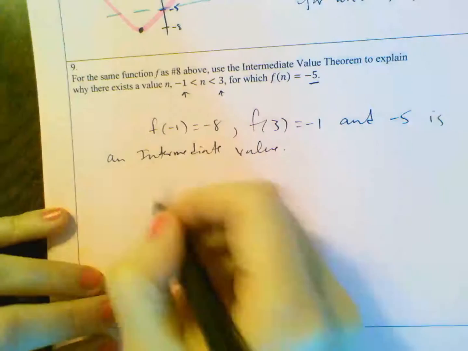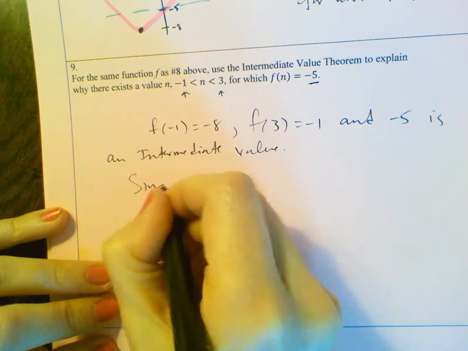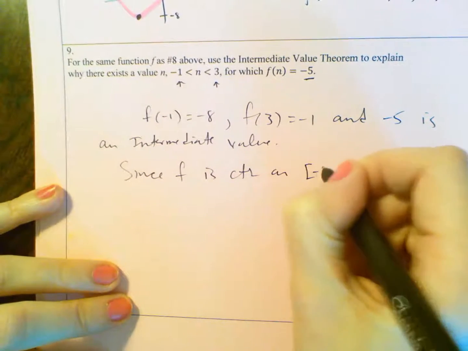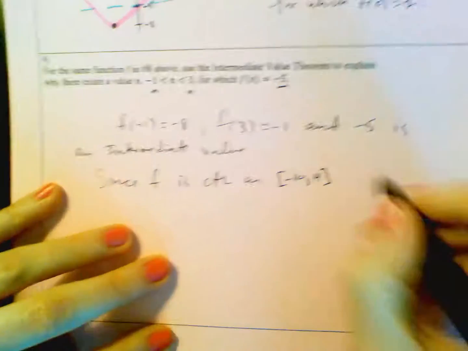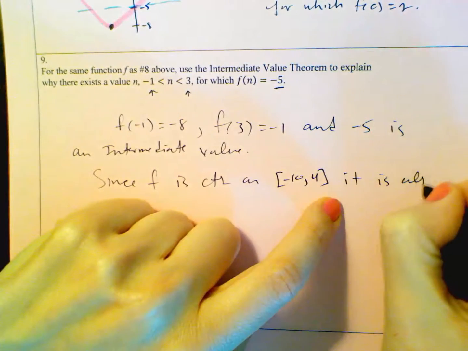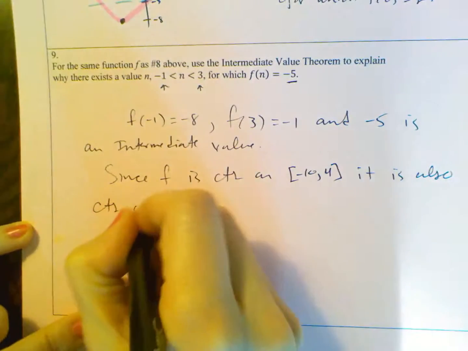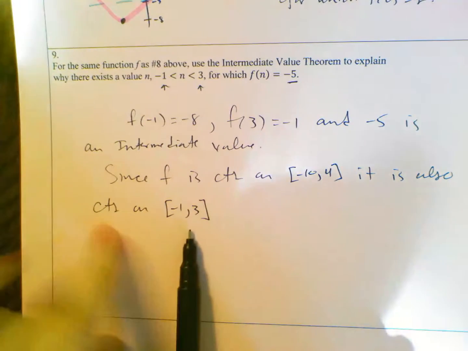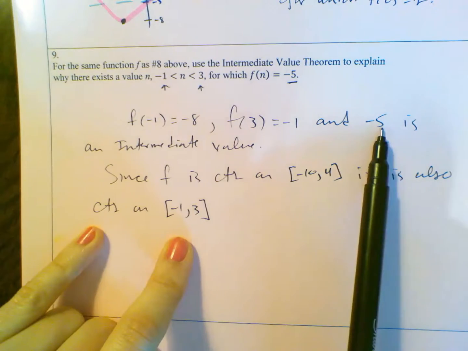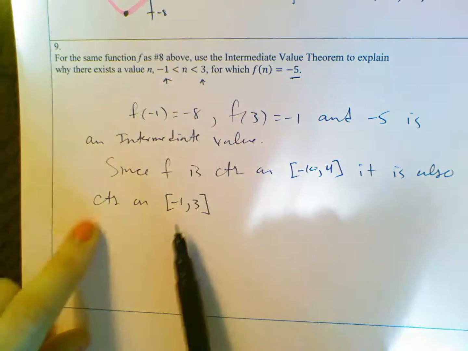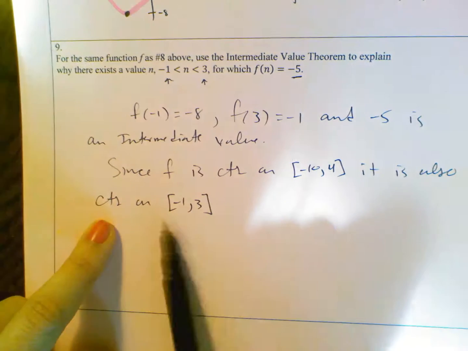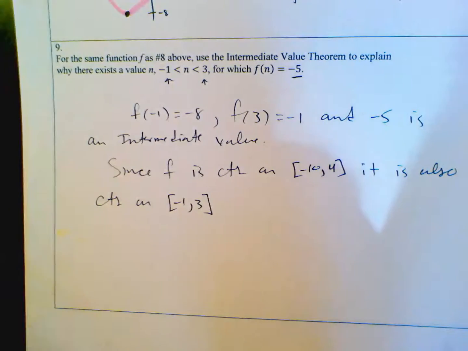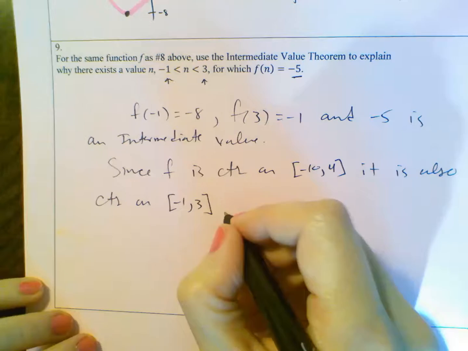I'm going to say, since f is continuous on -10 to 4, it is also continuous on -1 to 3. So there I have it. That's what I needed. I needed this -5 to be an intermediate value, and I needed f to be continuous on this closed interval.